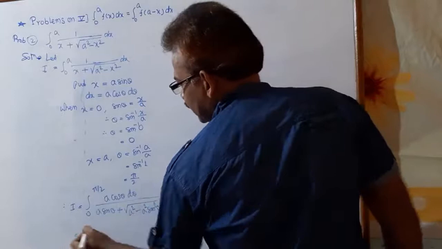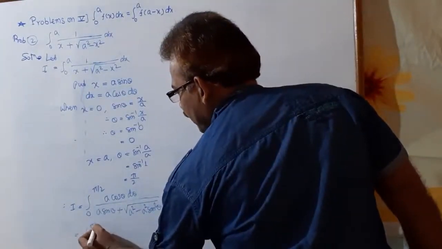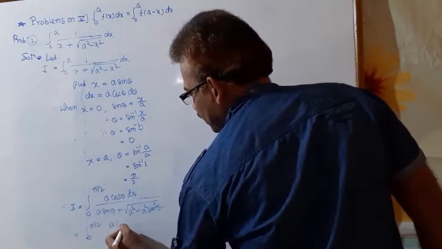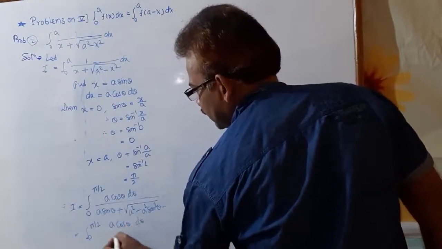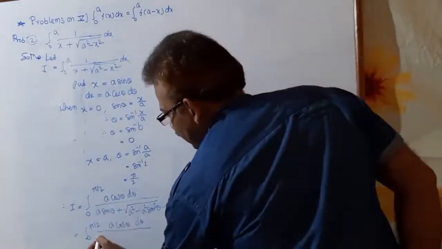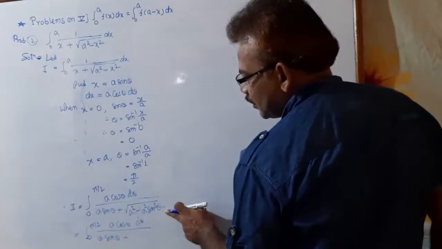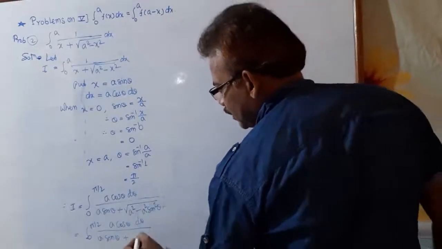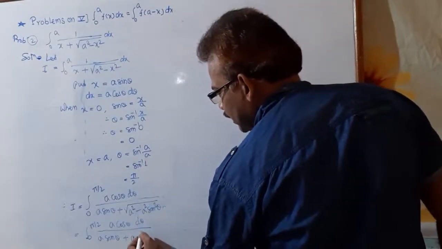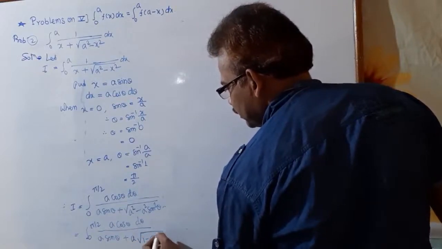Simplify: integration from 0 to pi by 2 of a cos theta d theta divided by a sin theta plus, taking a square common from the root, a times root of 1 minus sin square theta.